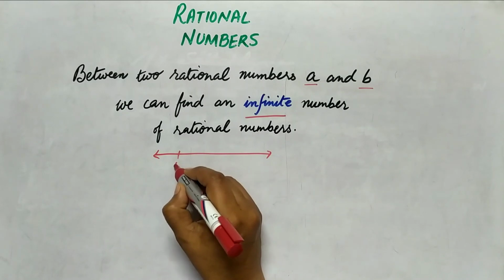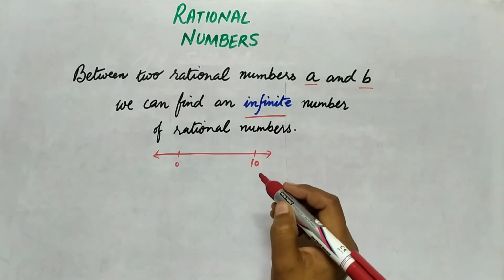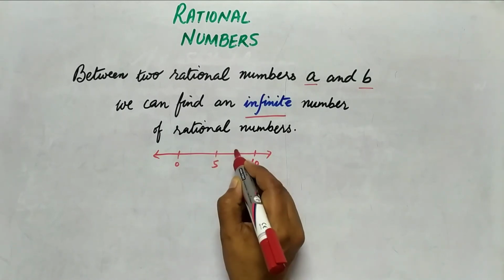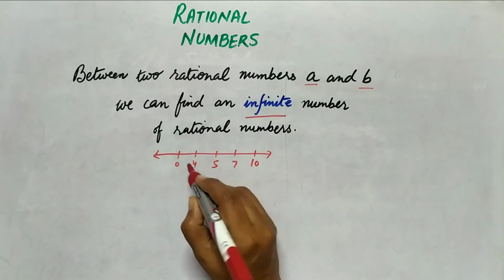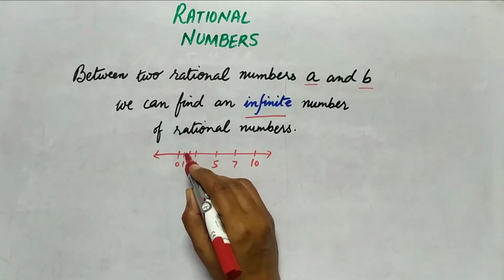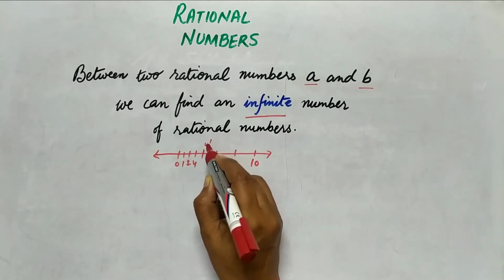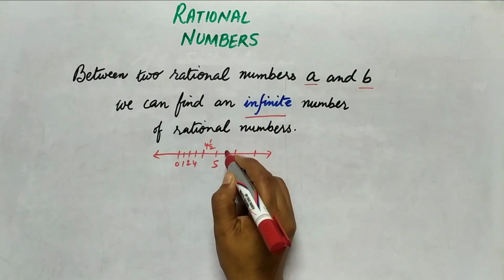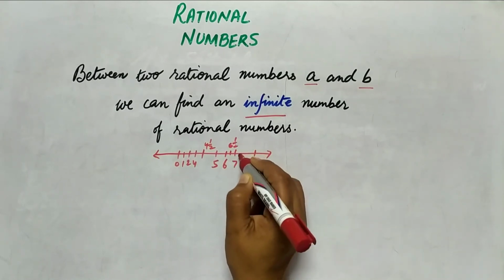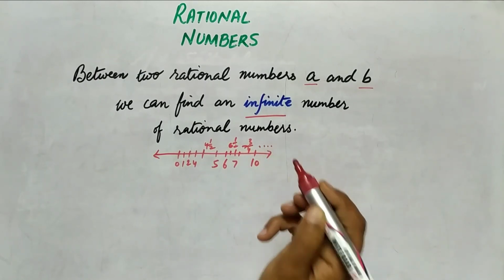Suppose we have 0 and 10. How many numbers lie between them? It is 5, 7, 4. Suppose 1, 2, then 4, 1 by 2, then 6, 6 and 1 by 2, 7 and 3 by 4, and so many.